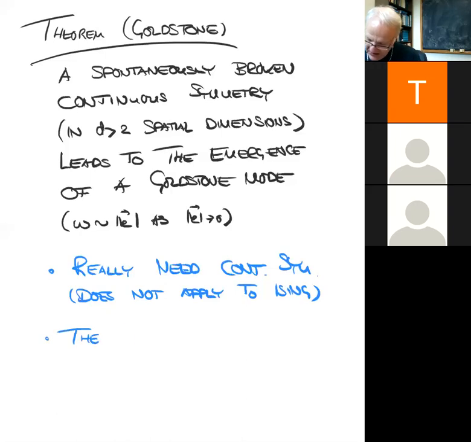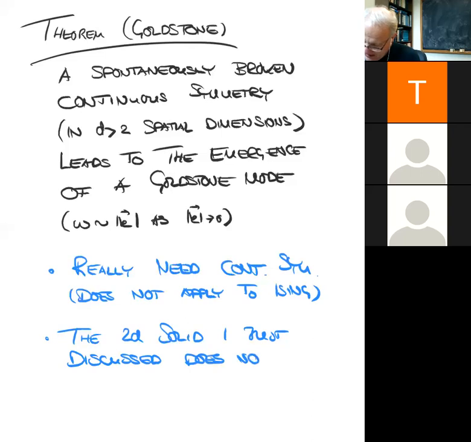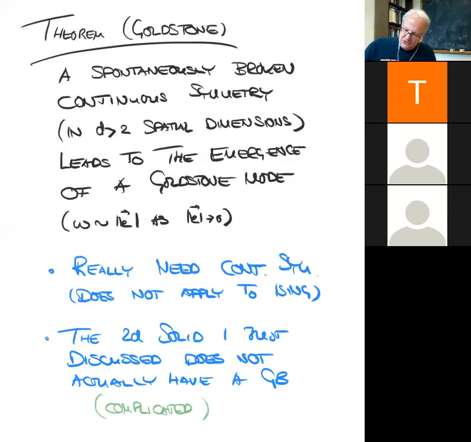So the 2D solid I just discussed does not actually have a Goldstone boson. The precise reasons for that are kind of complicated.